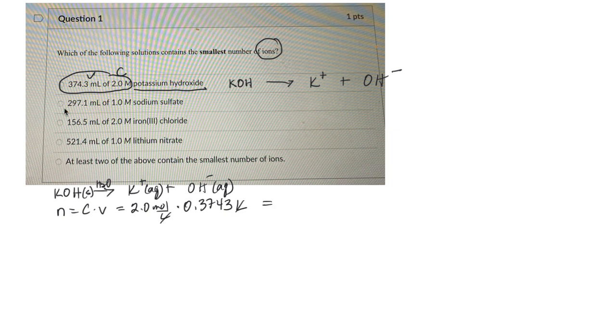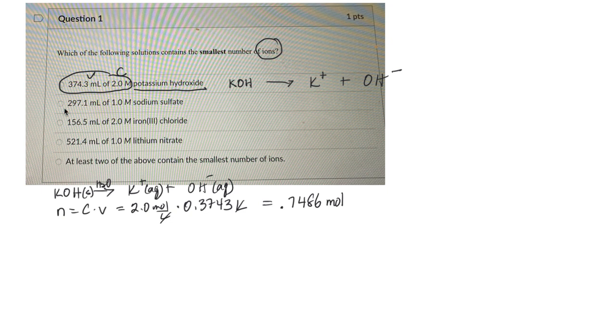So I times that by 2 in the calculator. 2 times 0.3743, so that's 0.7486 moles of potassium hydroxide.